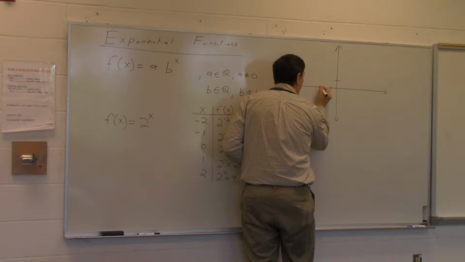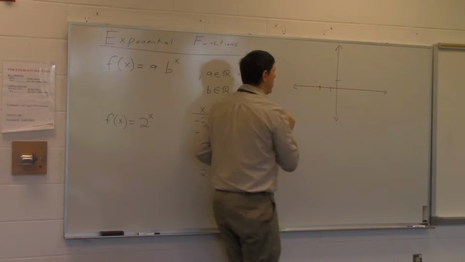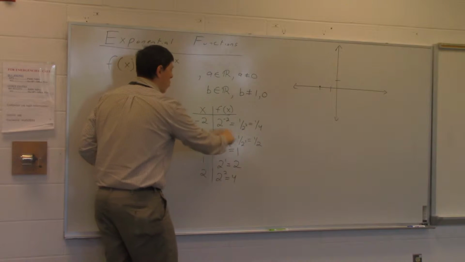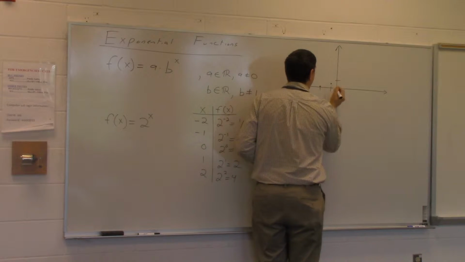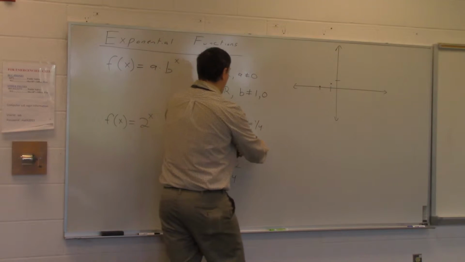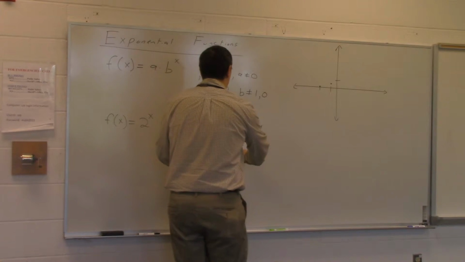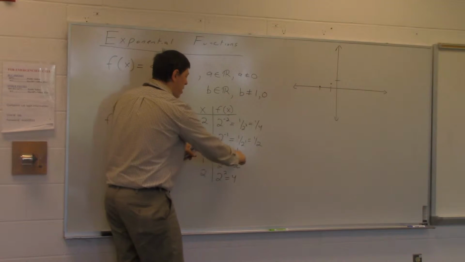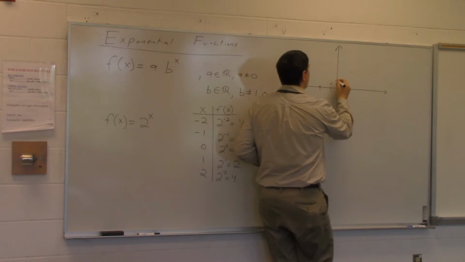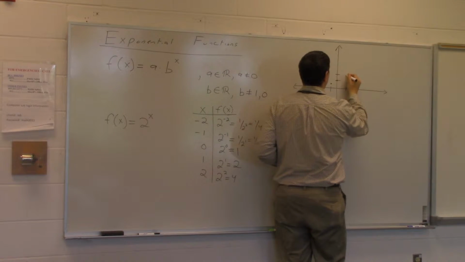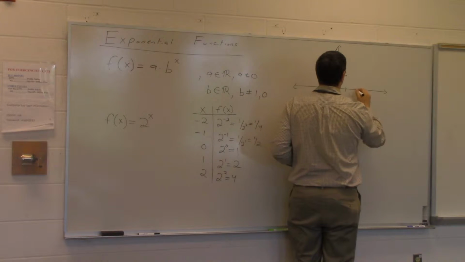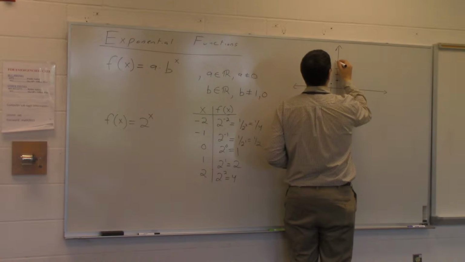So maybe 1/4, just a little bit above the axis right there. -1, 1/2, left 1, up a half. 0, 1, excuse me, I was looking diagonally. 0, 1 just goes up 1 unit. And then we have 1, 2. And then finally we have 2, 4.